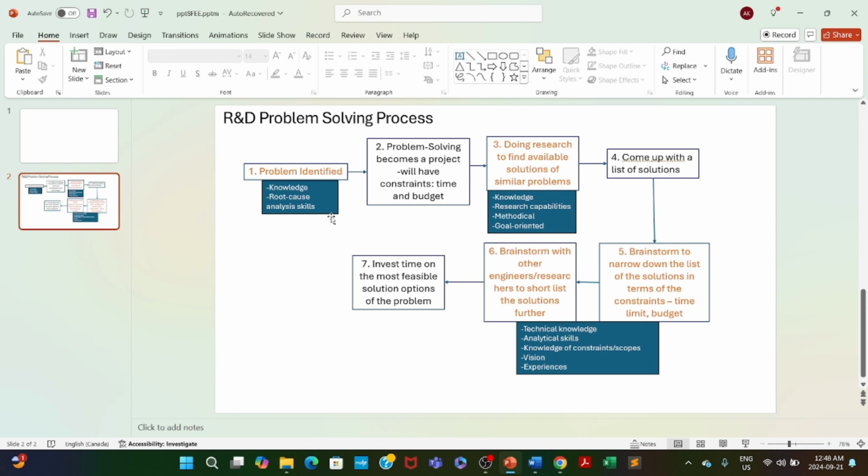And then we need to know how to do research to find out available solutions of similar problems. For that, we need knowledge, of course. We need research capabilities that we develop over time through academia or working in industry, and we have to be really methodical.